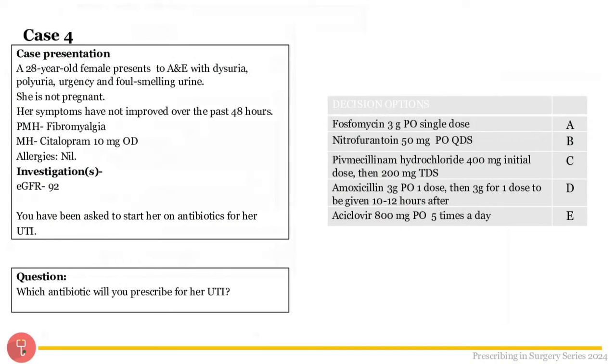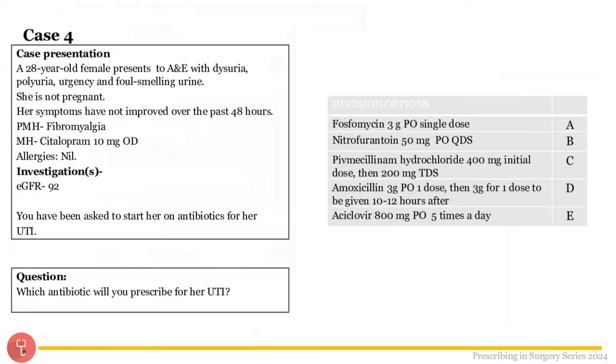So case 4, a 28-year-old female presents to A&E with dysuria, polyuria, urgency and foul-smelling urine. She's not pregnant. Her symptoms have not improved over the past 48 hours. In terms of her past medical history, she has fibromyalgia, for which she takes citalopram 10 milligrams OD. She has no known drug allergies.